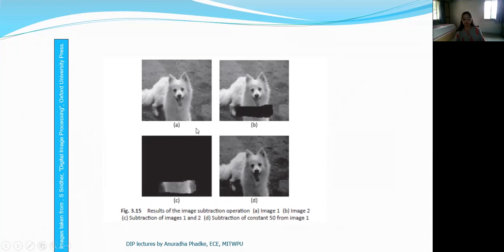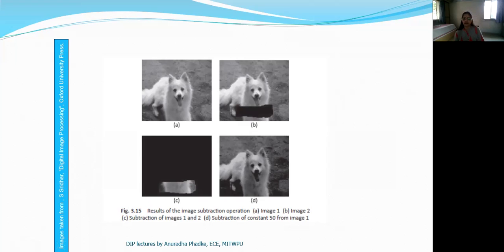This is an example of subtraction. Only at this portion where there is black in image B, in image C we are getting original image contents from image A, because we are effectively subtracting simply 0 for each of the pixels from this particular portion. So this is the image subtraction operation.